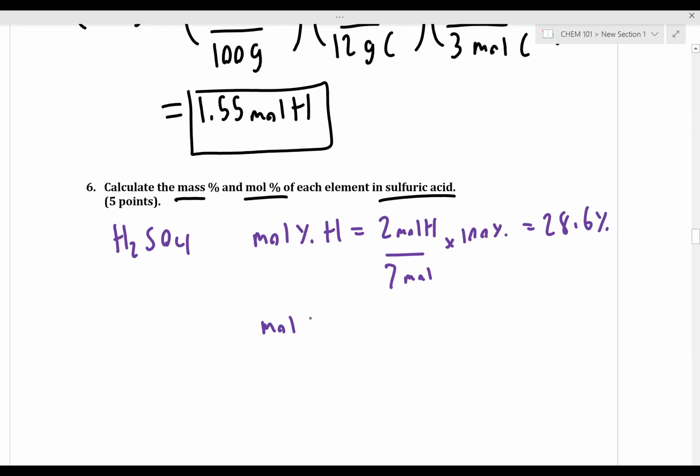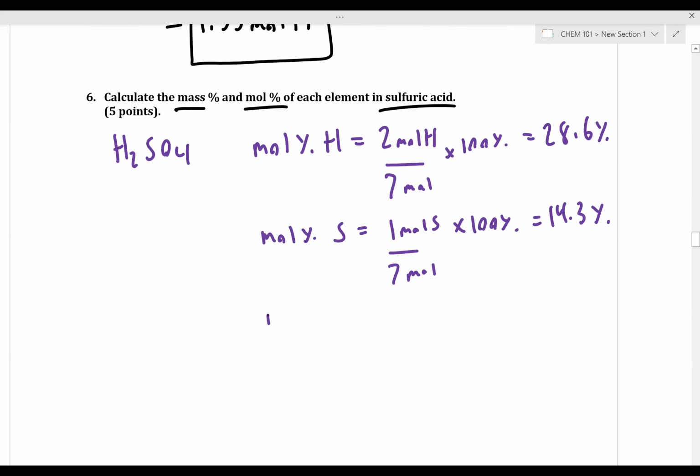Let's do the same thing for sulfur, the mole percentage of sulfur. We have 1 mole of sulfur over 7 moles times 100%, and that in turn gives us 14.3%. Finally, let's do the mole percentage of oxygen.